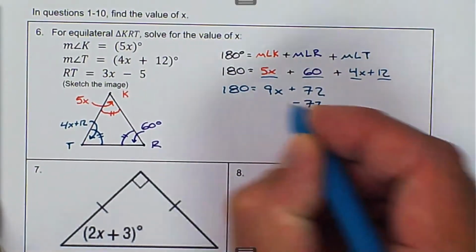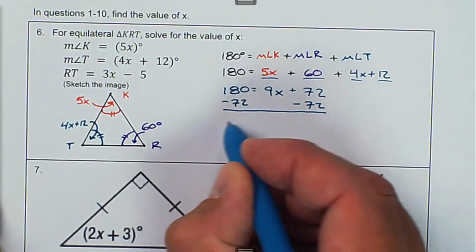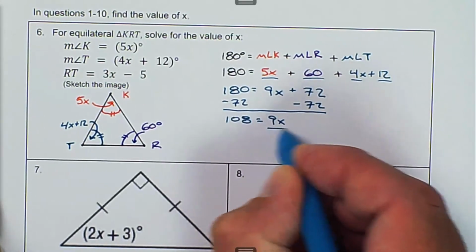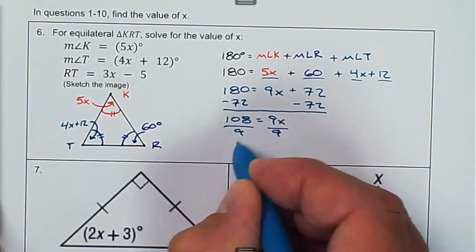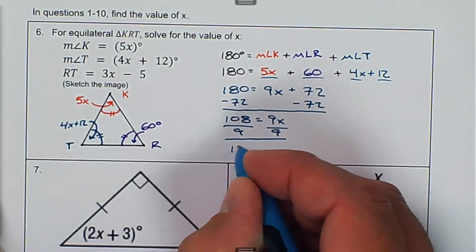So we can subtract 72 from both sides. And then we get 108 is equal to 9x. And then we can divide by 9. And we get x is equal to 12.